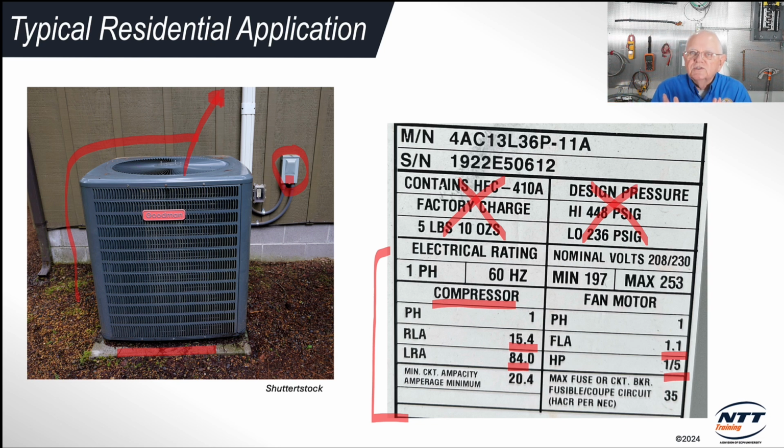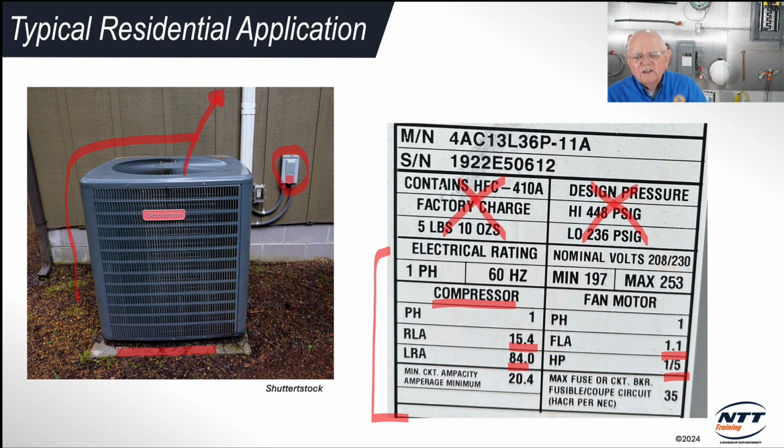It could be fused, but typically anymore it's just a switch. And we'll take a look at a little picture of that anyway. And so that's my branch circuit, right? All the way down from the circuit breaker through the conductors to the disconnect, and of course into where it supplies my two motors on the inside of the condensing unit.